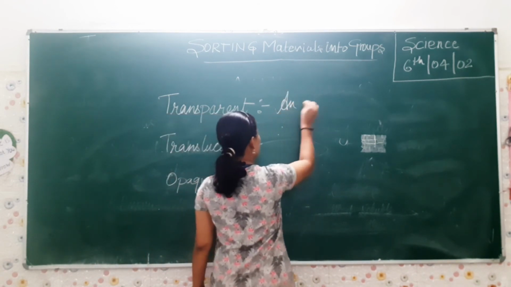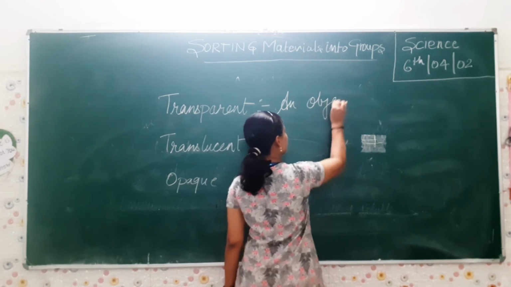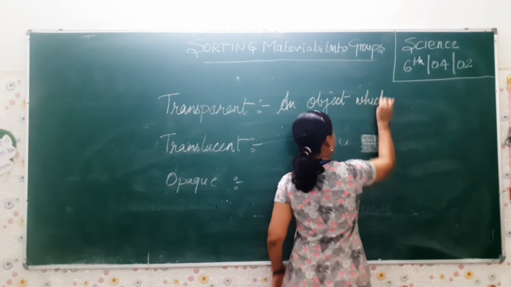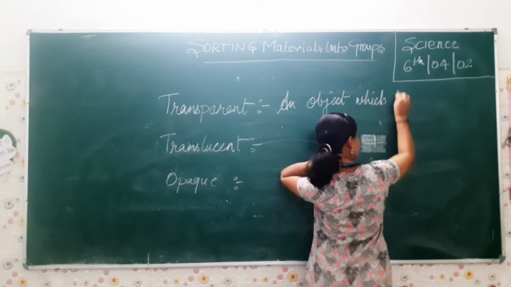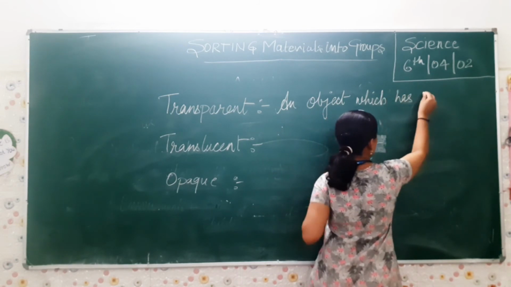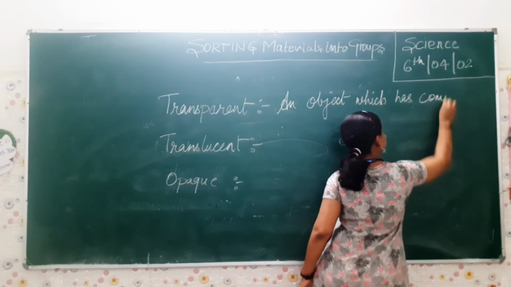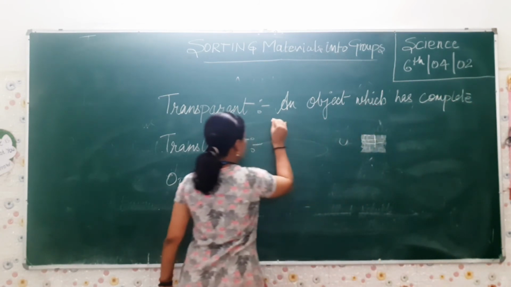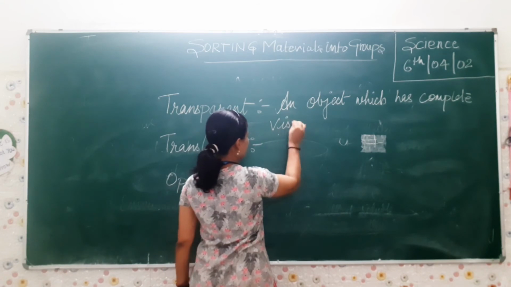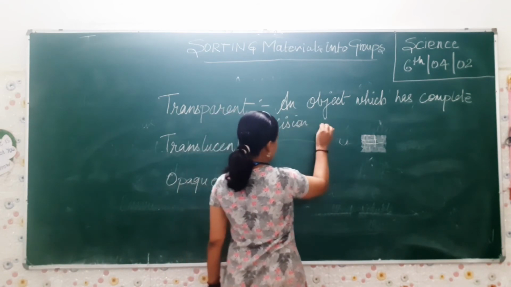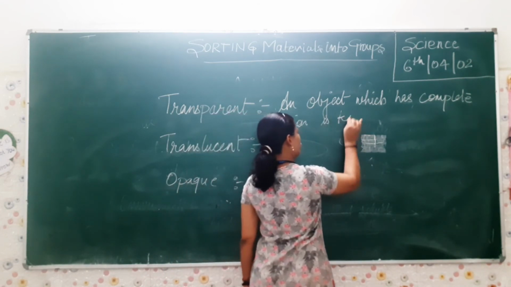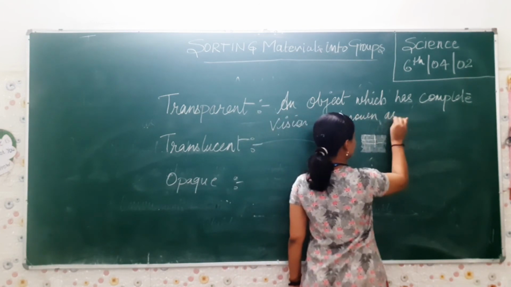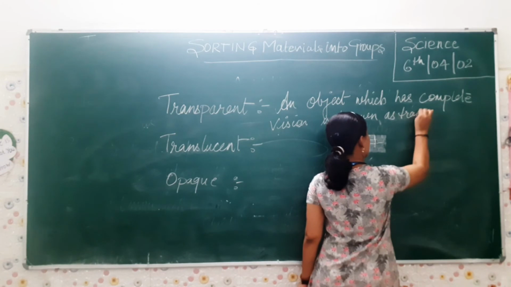An object which has complete vision is known as a transparent object.